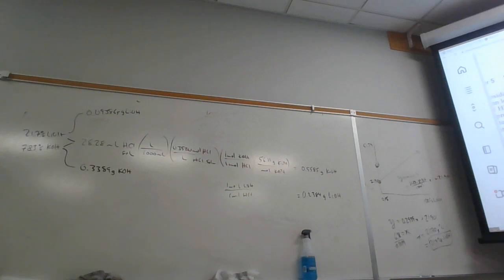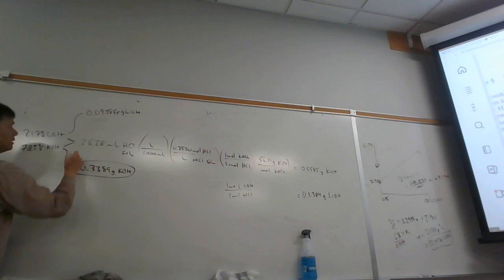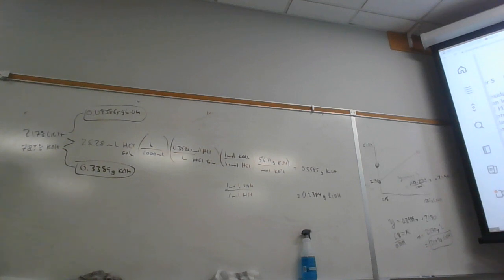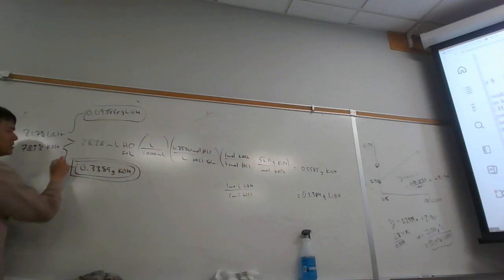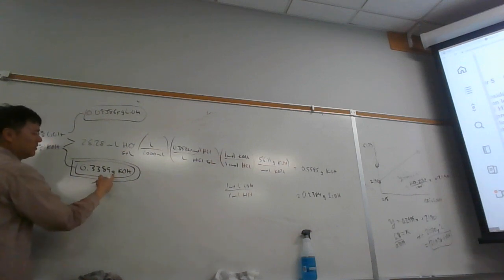This is where we are right now. And this mixture contains this plus this. And so what you kind of did in this particular problem is this. You just picked one of these and then said, okay, I'm going to assume that this is potassium hydroxide.